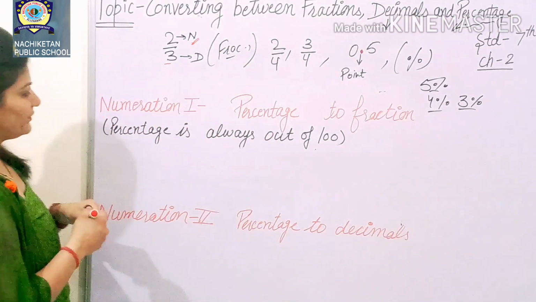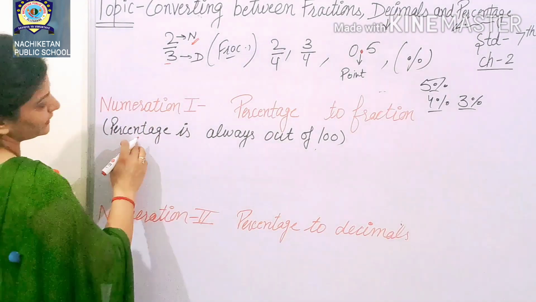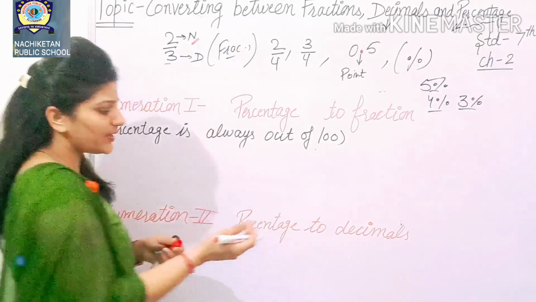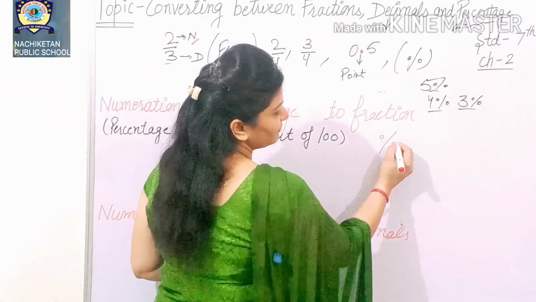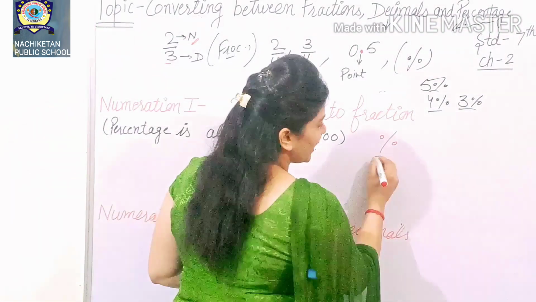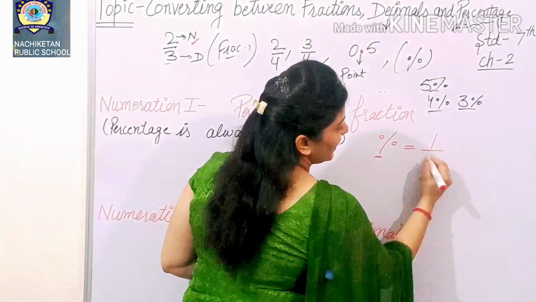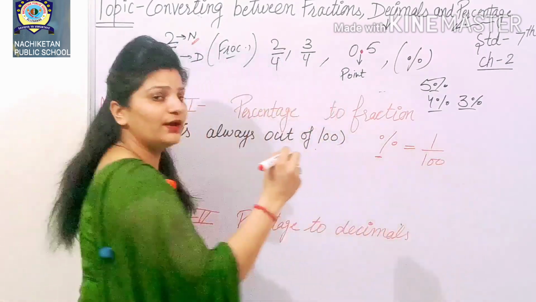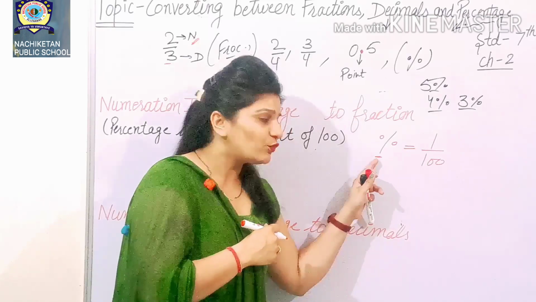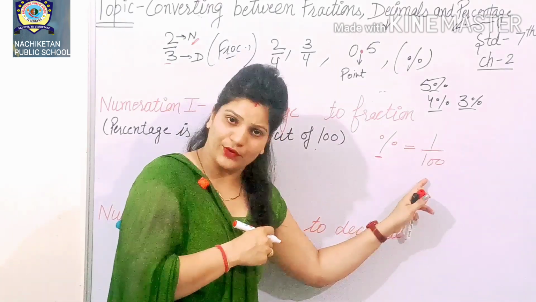Clear? How will we do it? We all know that a percentage is always out of 100. Which means, for the percentage sign, we always write 1 upon 100. If I want to remove this sign, we always use 1 upon 100.